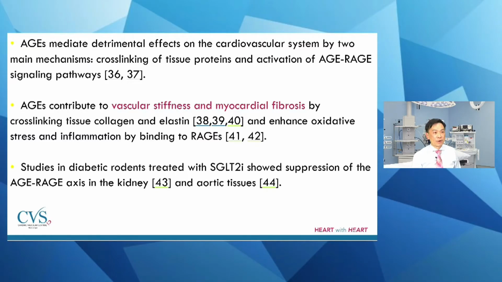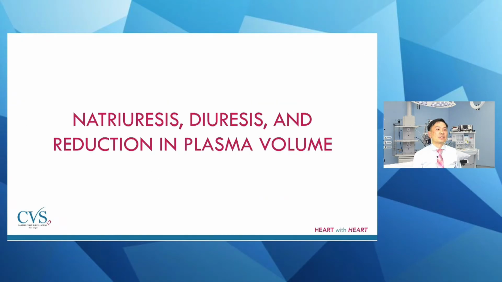And these have been corroborated. It's not something we just made up. They have been seen in primary studies in diabetic rats. And suppression with SGLT2 does show benefits on the kidneys and aortic tissues. So that is one mechanism by which the SGLT2 works.